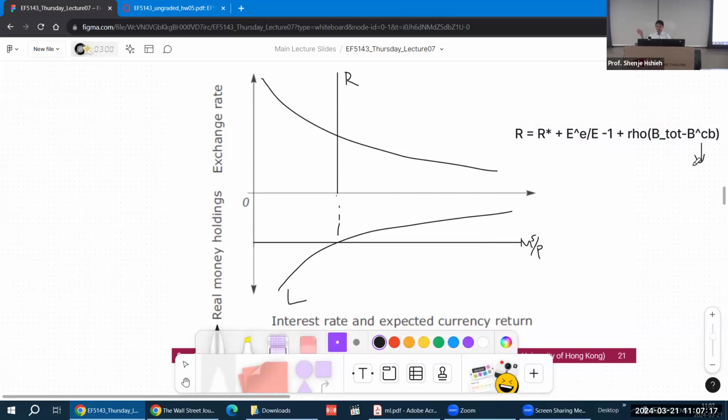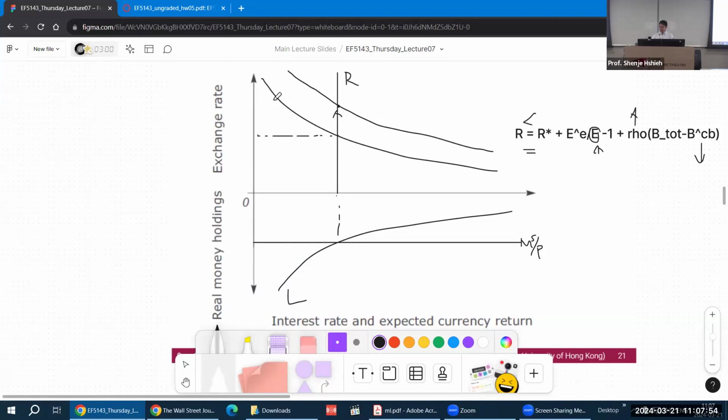Decreasing BCB, because you're swapping, we're buying foreign now and selling domestic. That will increase rho, which will distort UIP in this way. Carry traders come in, they borrow domestic, they sell domestic for foreign. That will push up E, right? Such that the entire right-hand side decreases so that parity is restored. So for every point here, for any given R, the point must move up, right? So we get it like that.